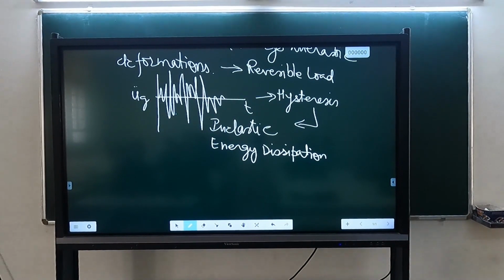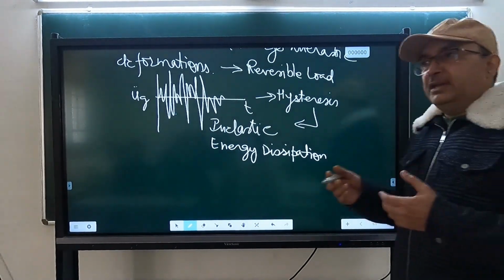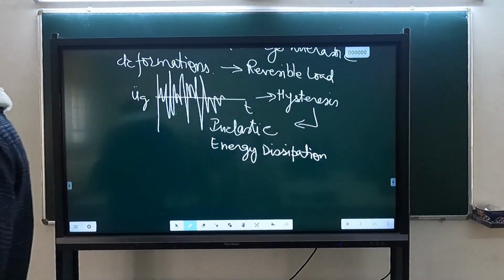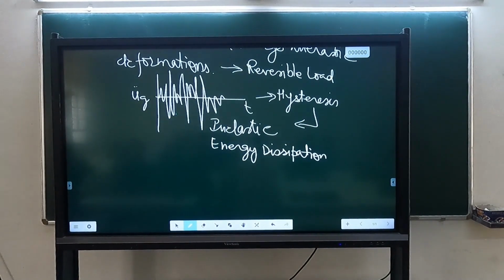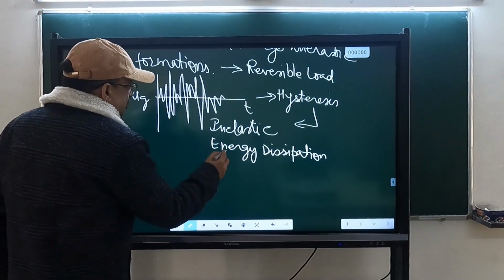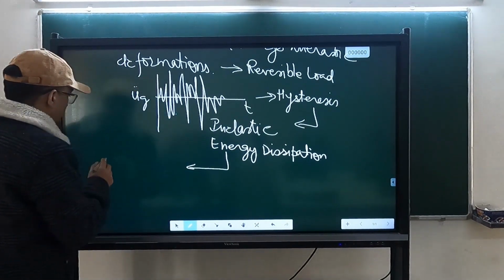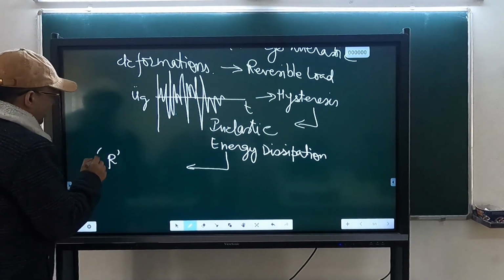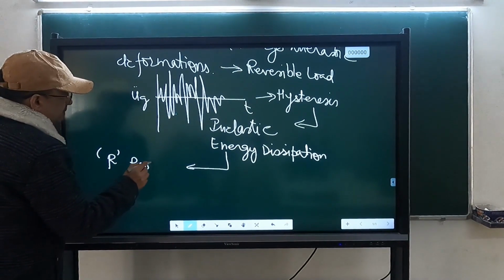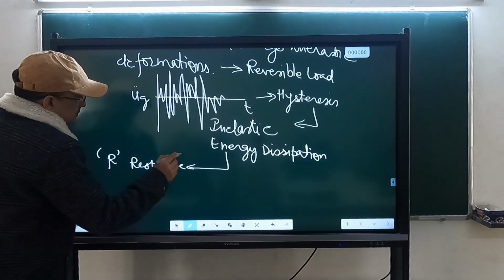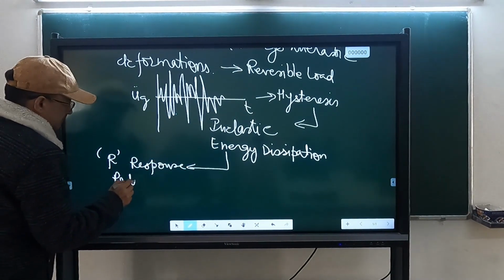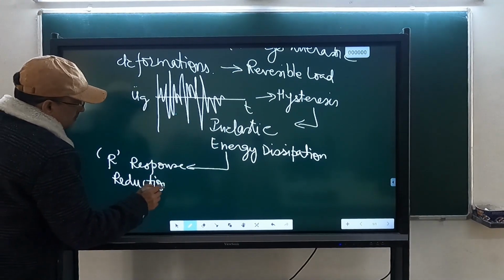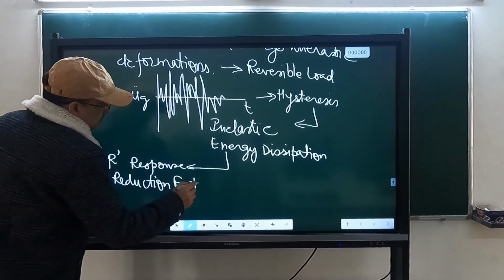How did we take this into account in the course which you did last semester? Response reduction factor. So we take this into account through R, that is, response reduction factor.